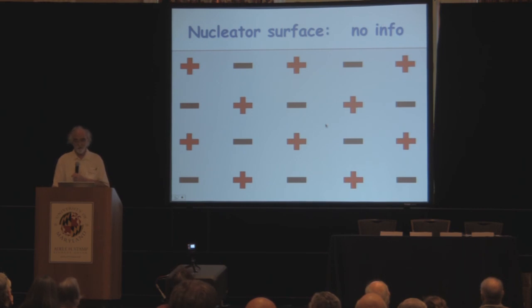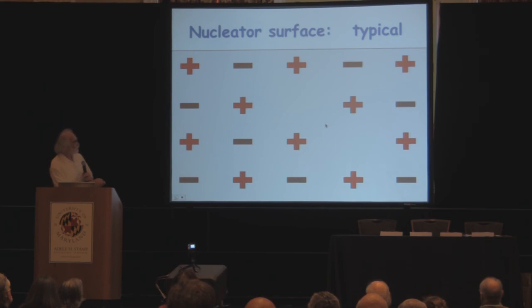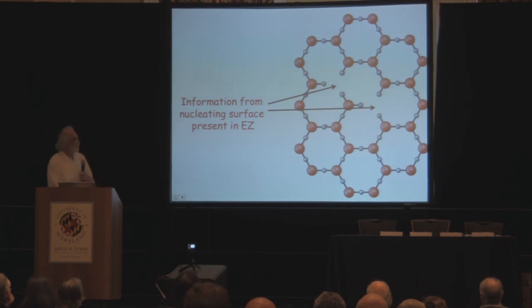However, this doesn't really exist. Every molecule has a particular charge distribution, and it's not like this. It's not as uniform. Typically, here's an arbitrary example where you're missing a few negative charges. So this is substance A, missing some charges, and it's going to nucleate this EZ structure. And the EZ structure also will be correspondingly missing some of these oxygens as a result.